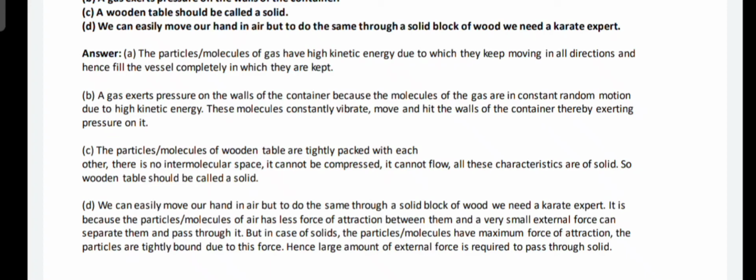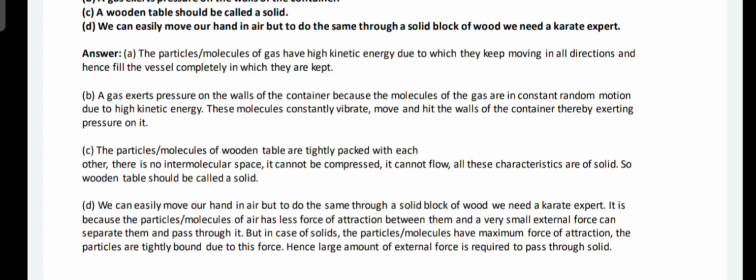D is, we can easily move our hand in air, but to do the same through a solid block of wood, we need a karate expert. Answer is, it is because the particles of air have less force of attraction between them.